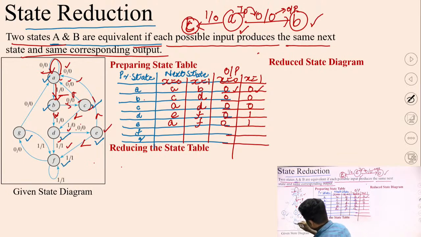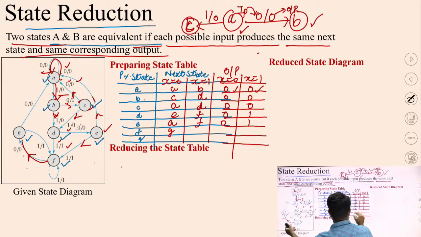Similarly, if you check F, here 0/0, that means if you apply x equal to 0, next state will be G, and in this state output is 0. And for this branch here, if input is 1, output is also 1, and next state is the same as F. That means F is not going to change.